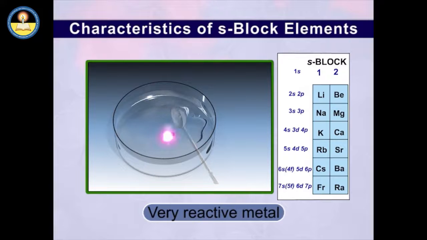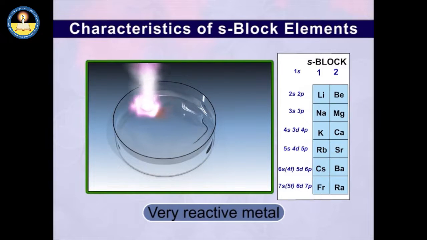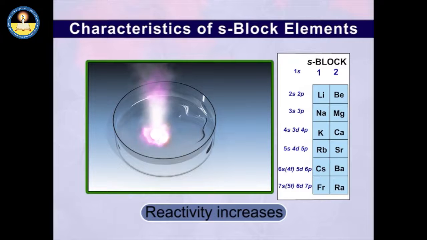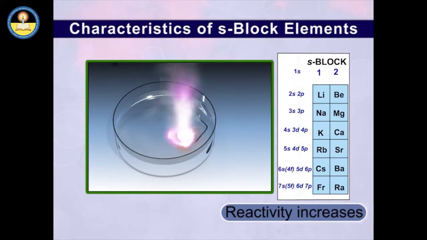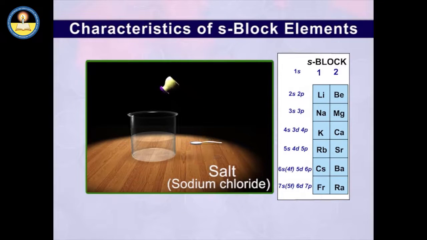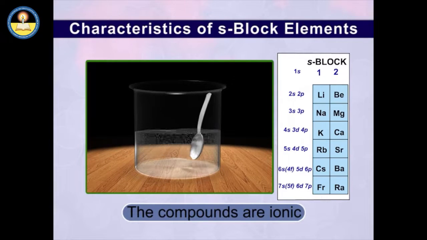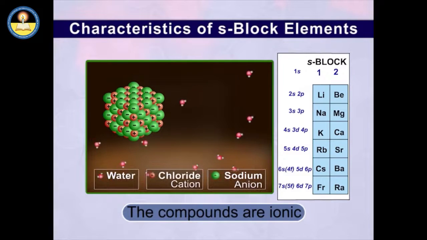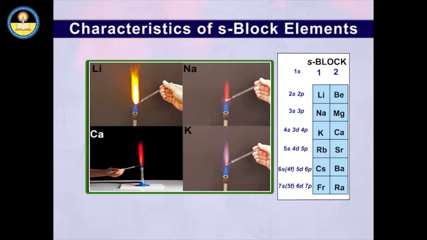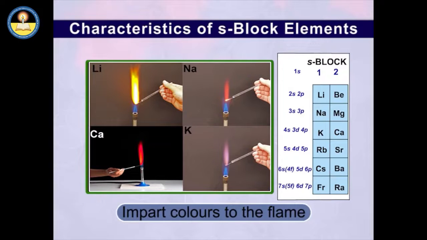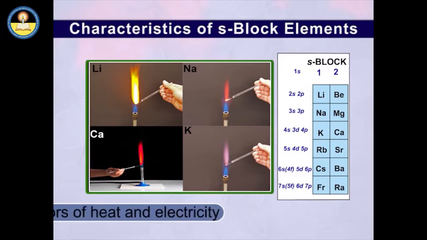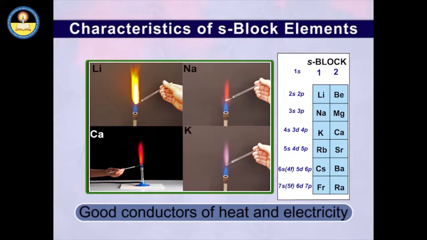They are very reactive metals. Reactivity increases as we move down the group. The compounds of s-block elements are ionic. They also impart colors to the flame. They are good conductors of heat and electricity.